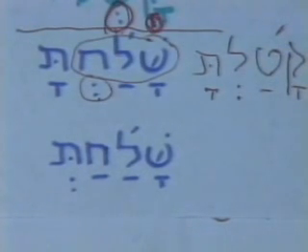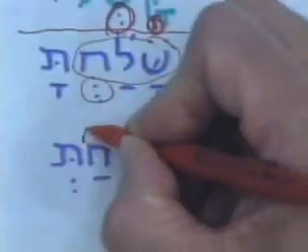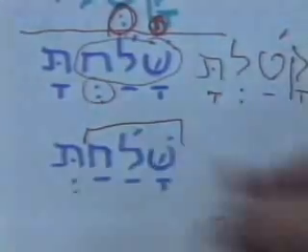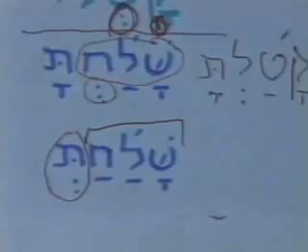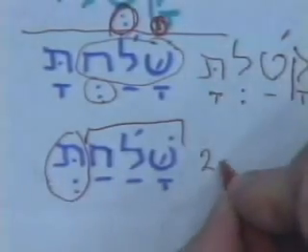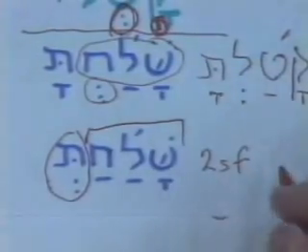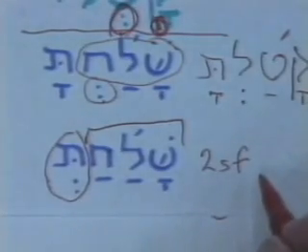Even not being able to understand exactly what's going on, you should be able to figure this out. What is this? Well, duh. It's the root shalach, and once again, this goofy ending ta, which means it's second singular. I'll tell you, those second singulars, nothing but trouble, right?